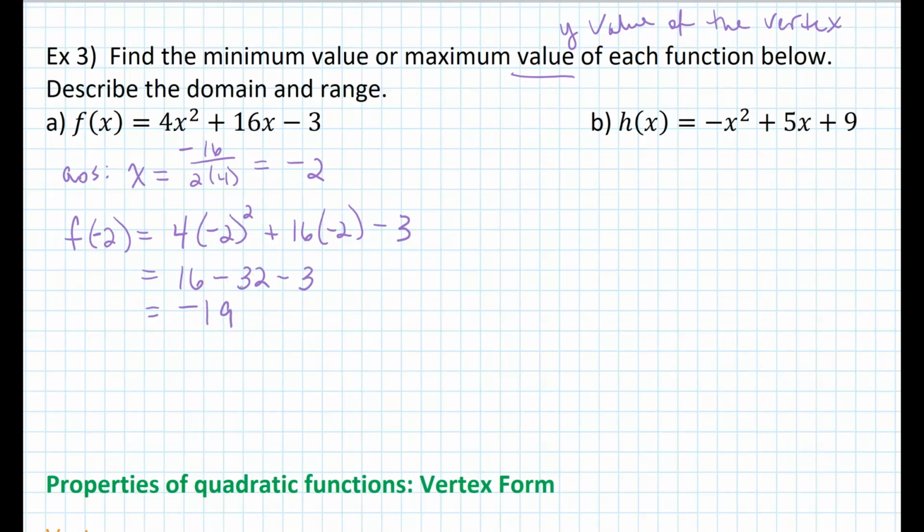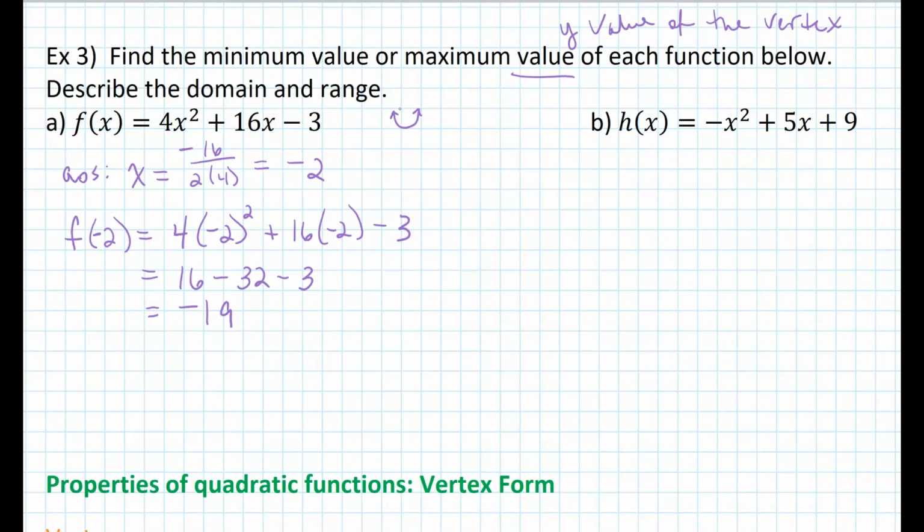So when I go to answer this question, what is the minimum or maximum value? What do we know about this parabola? Does it open up or down? It opens up. So I often will do a little sketch like that on the side just to remind myself it opens up. And if it opens up, what does that y value we just found have to be?